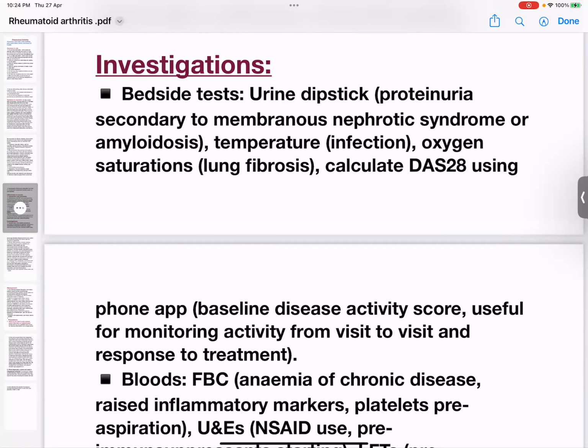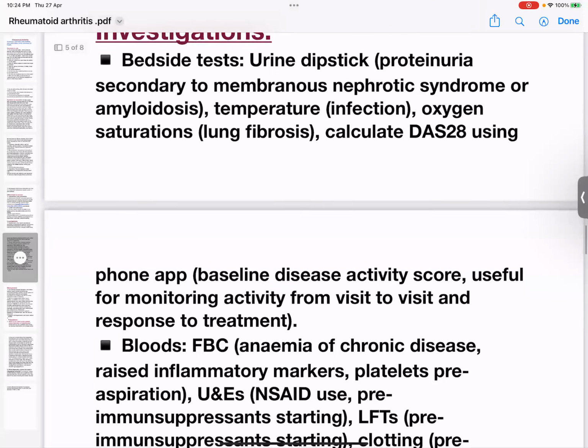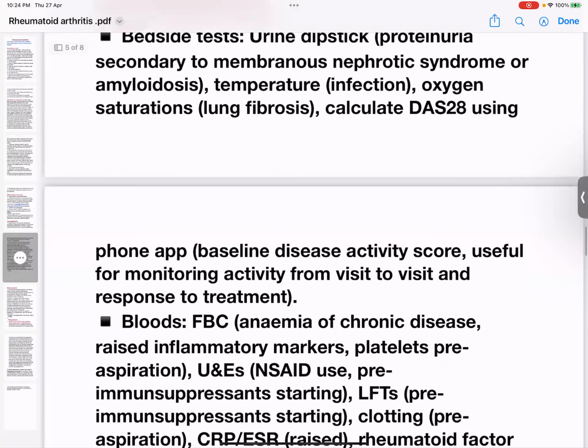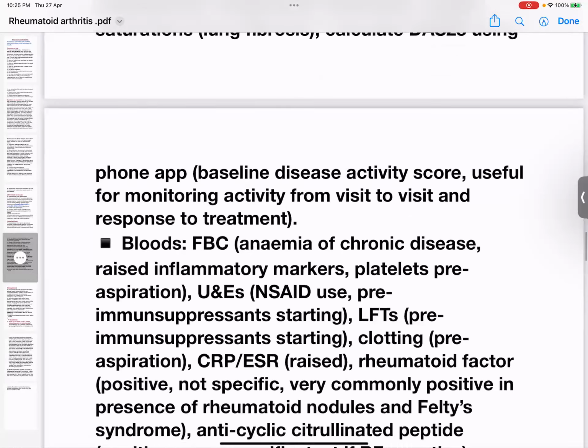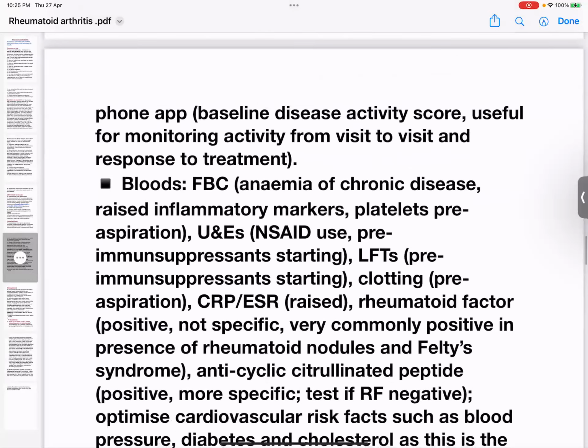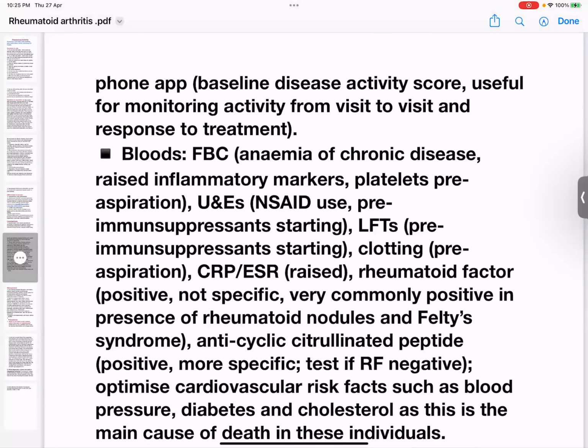Calculate the baseline disease activity score. This is a score system for the activity of the disease, called DAS28. The baseline disease activity score is useful in monitoring activity from visit to visit and response to treatment.